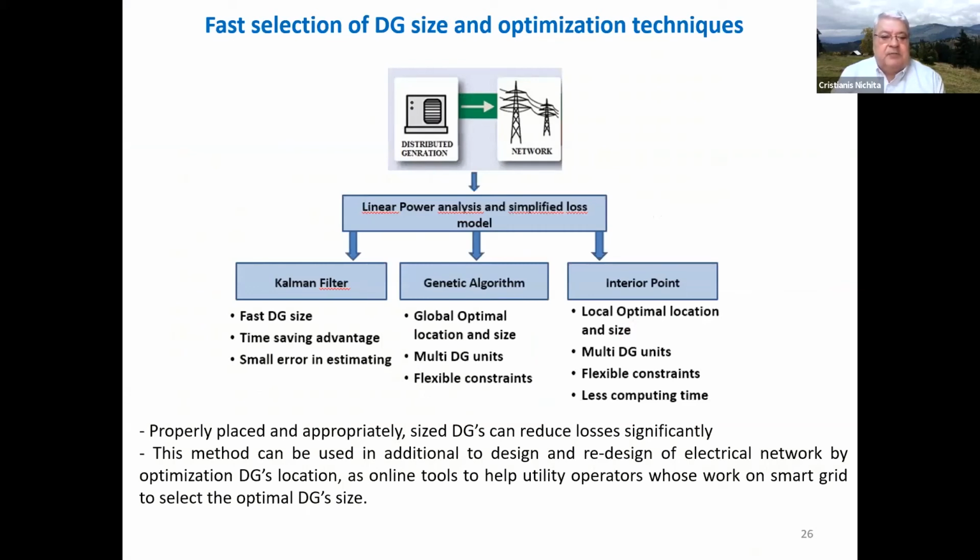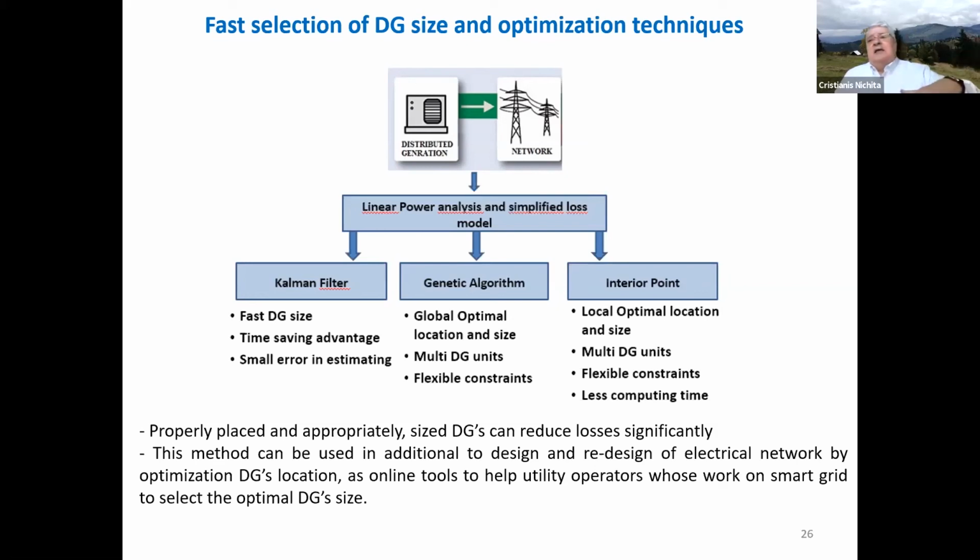Starting from linear power analysis and the simplified loss model, and using Kalman filter or genetic algorithm or interior point, we can find fast DG size, global optimal location and size, and for the last cases, less computing time.